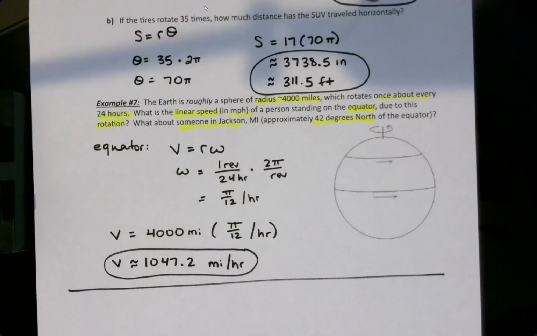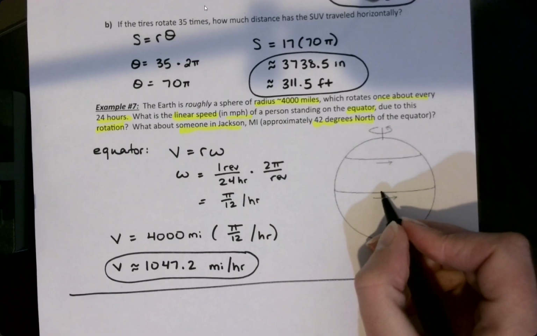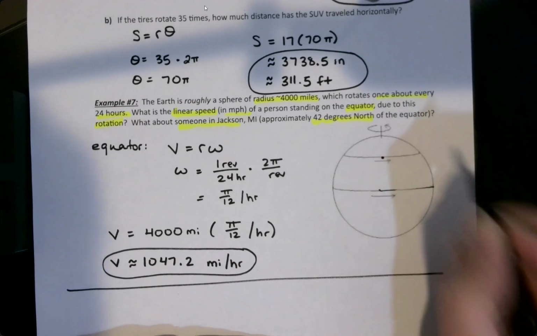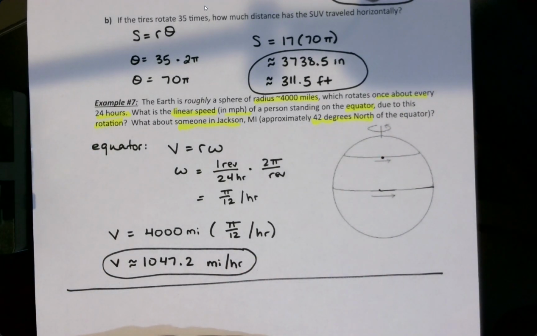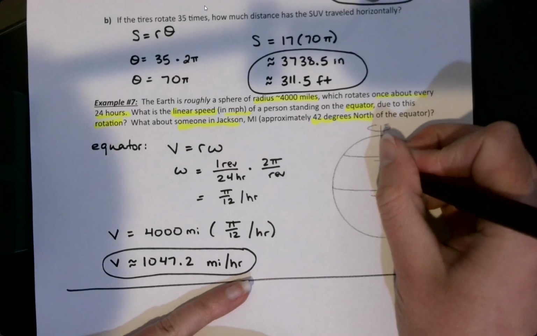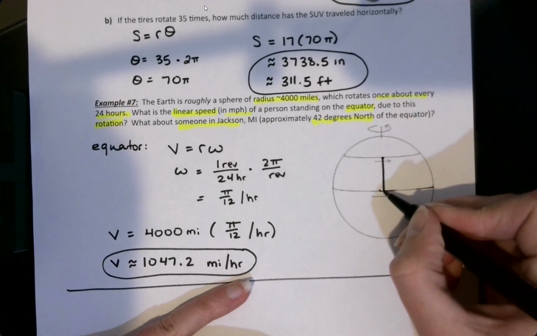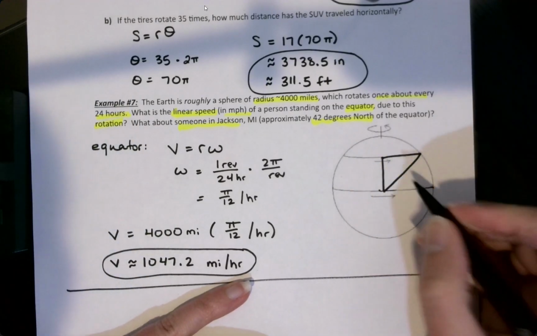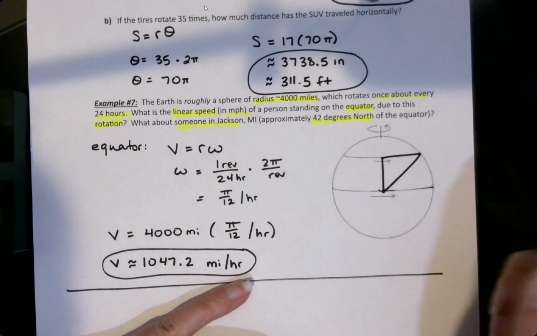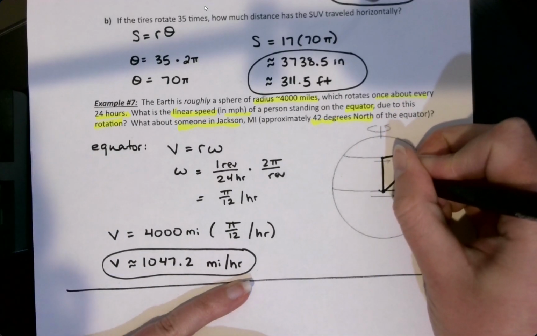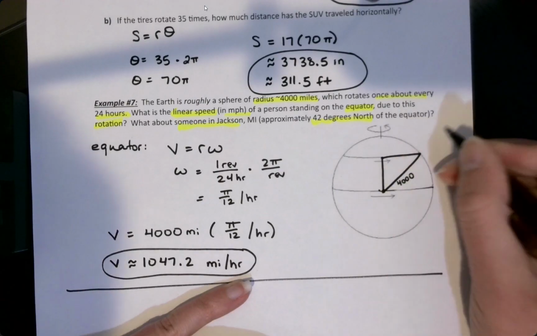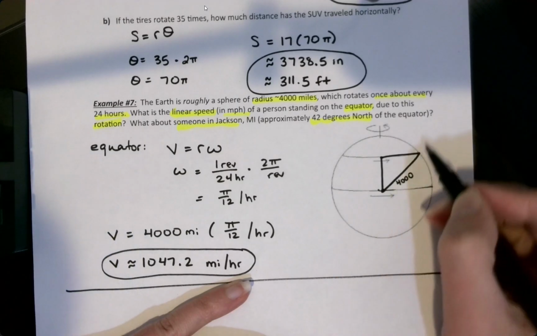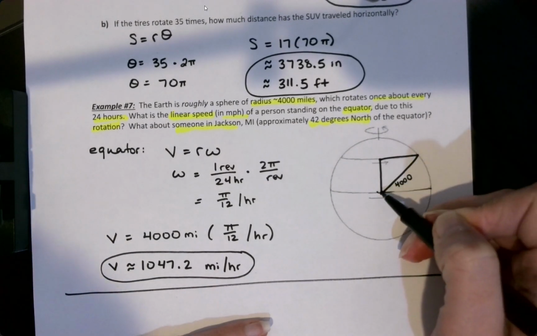Now, if you were not standing on the equator, where the radius was going to be 4,000 miles, if we're standing up higher at Jackson, Michigan, we are going to imagine a triangle here, where if this is the center of the Earth, then my radius out to the edge in any direction, whether it's out to this edge or out to this edge, is still 4,000 because the radius at any point on the sphere from the center is the same.